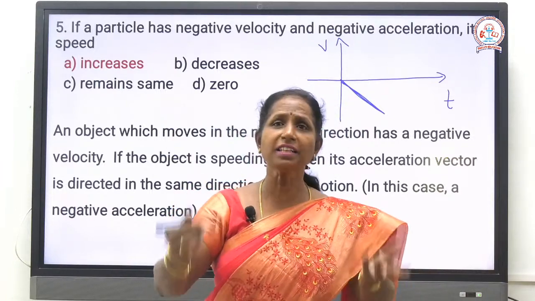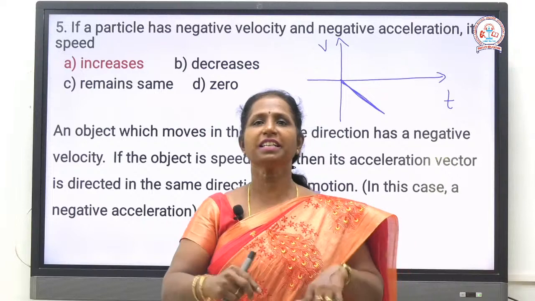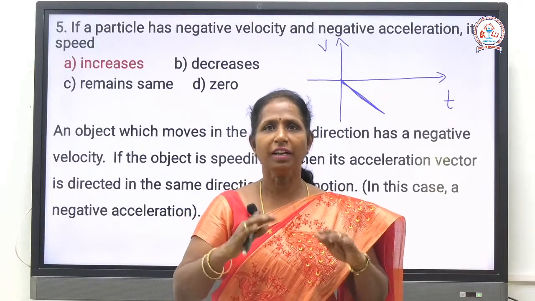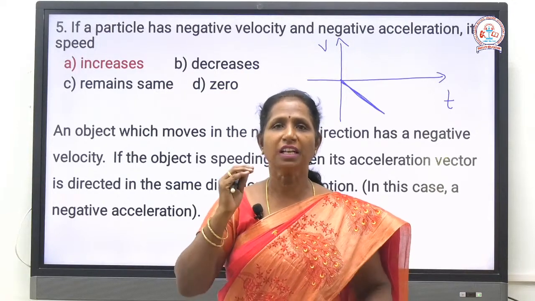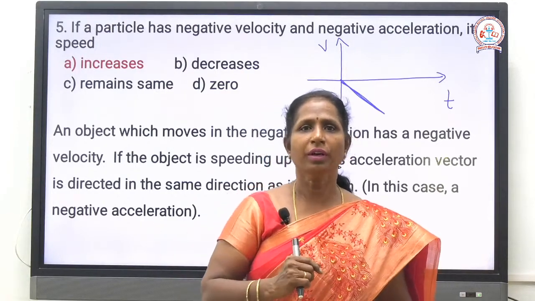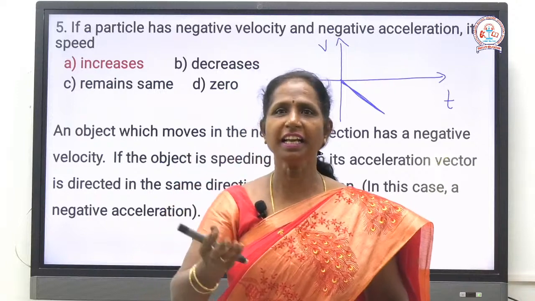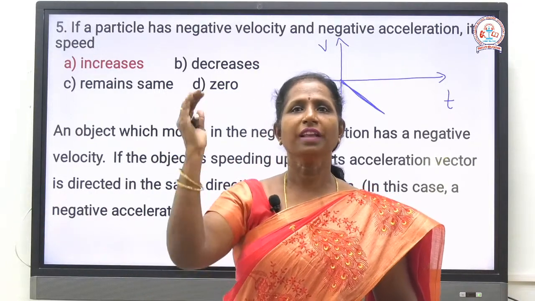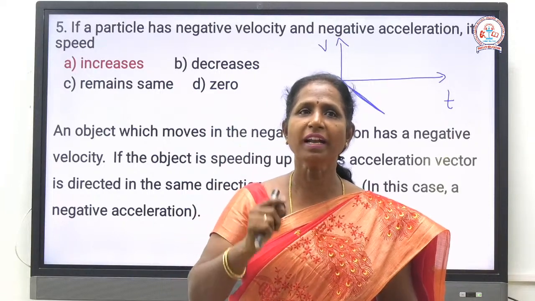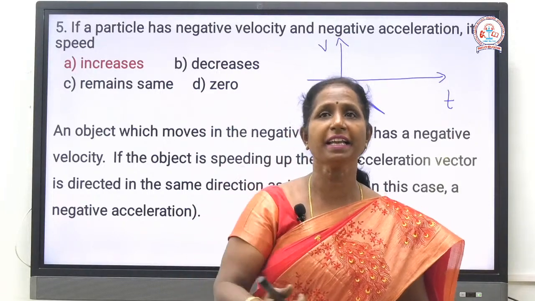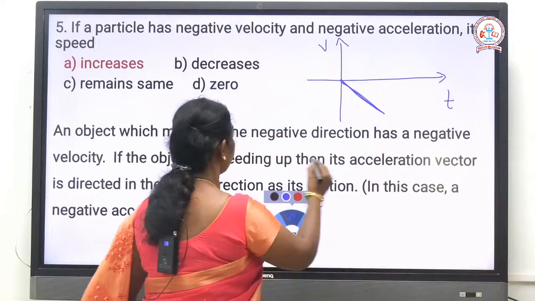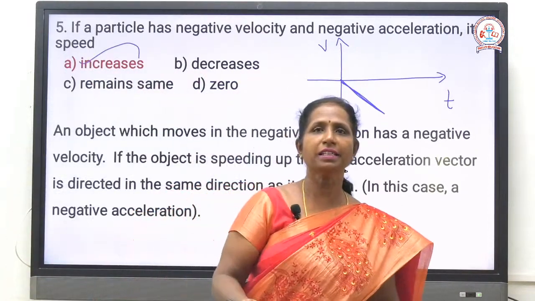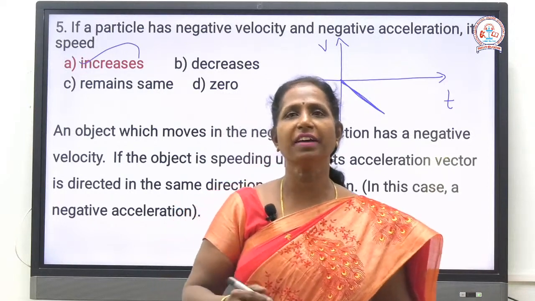Negative acceleration means the acceleration is increasing in the negative direction. The acceleration will increase only when the speed increases. If the speed increases, then acceleration will be increasing, or else the acceleration will never increase.